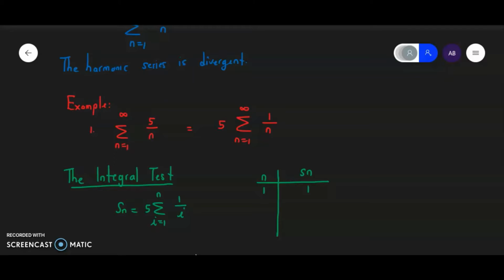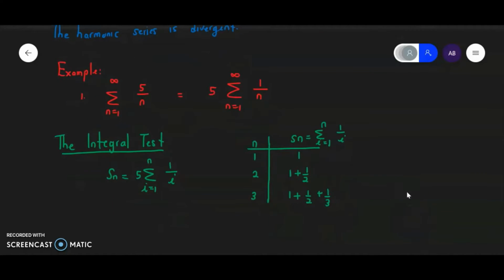And now when n is 2, I have 1 plus 1/2 here. I just gotta write it down so that I remember what I am doing. So when n is 3, I have 1 plus 1/2 plus 1/3. Okay, now so on.